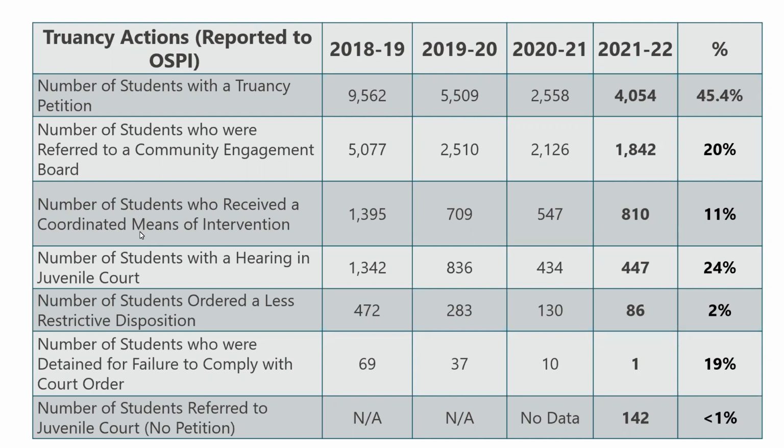And then following on down, in that 21-22 column, the number of students that were then referred to a community engagement board was 1,842. Continuing on down that column, you can see the number of students with a juvenile court hearing were 447, and the number of students who were detained in juvenile detention for failure to comply with the court order in 21-22 was one single student. Next slide.